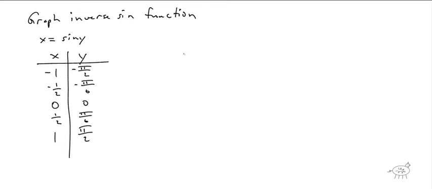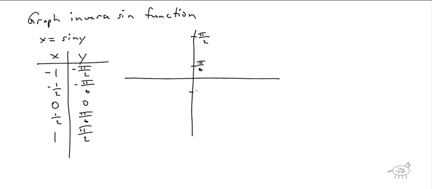So if I graph this nicely here, okay, I'm going to have pi over 6, pi over 2, negative pi over 6, negative pi over 2, 1/2, 1, negative 1/2, negative 1.